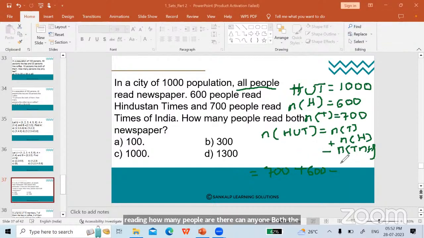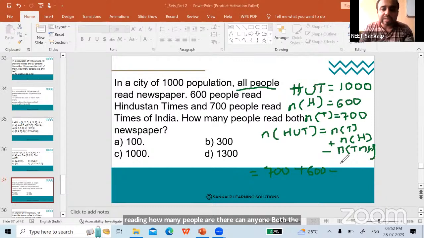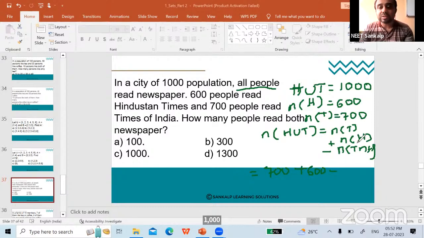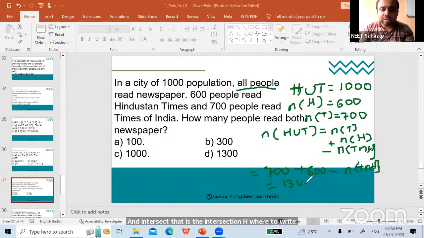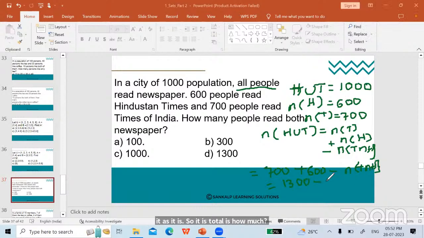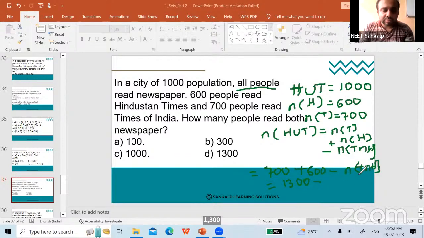That is, including all the people who read, it is 1,000. But how many are reading both papers? That is the question. So the cardinality of T intersection H, you have to write as it is. The total is 1,300 minus 1,000.